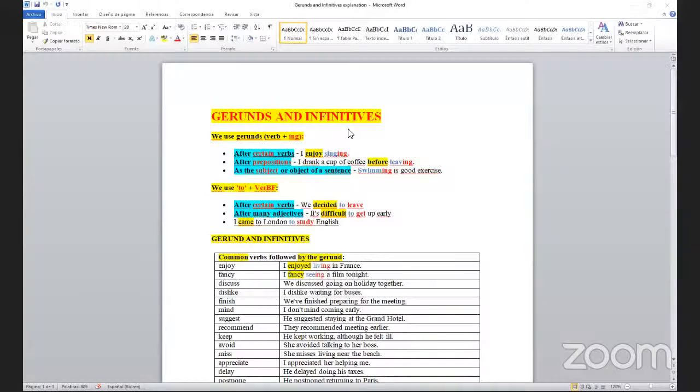Okay, so I don't know if you can see now my screen.